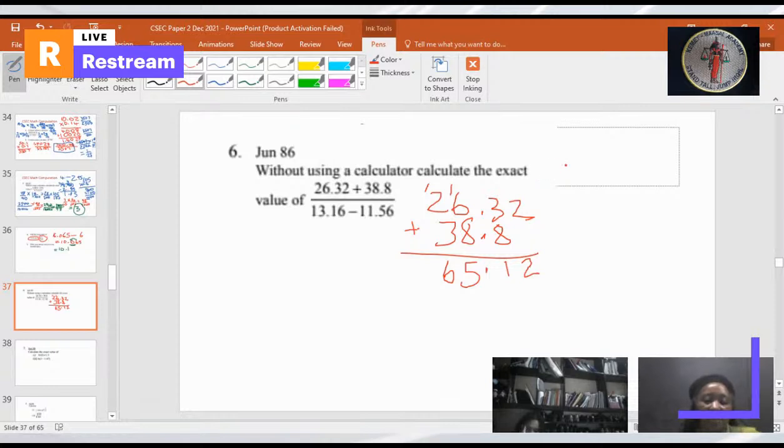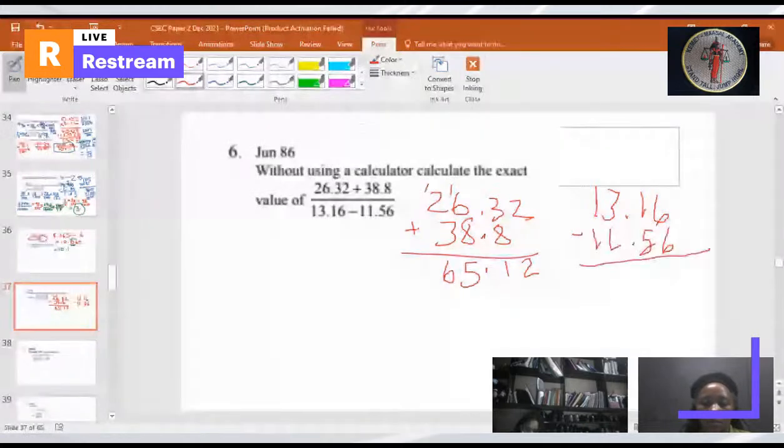Okay, and for the denominator, it's 13.16 minus 11.56. All right, so that gives what? Miss, you're going to have to go over to the 3.